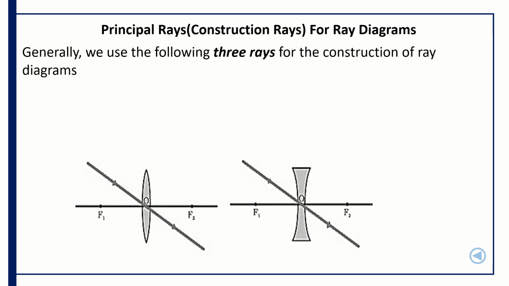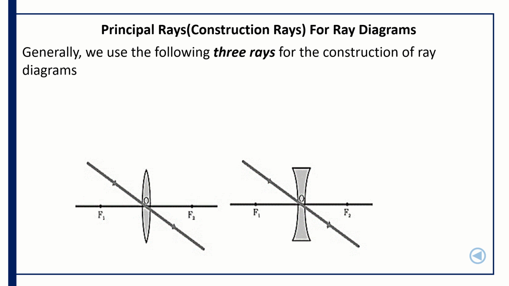In this part, we are going to learn the principal rays or construction rays for ray diagrams. In general, we use the following three rays for the construction of ray diagrams.